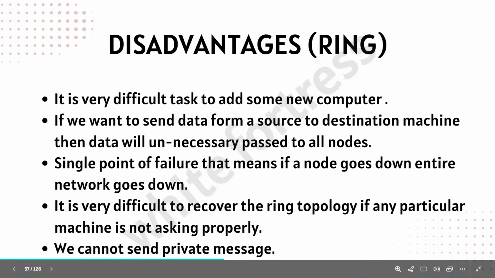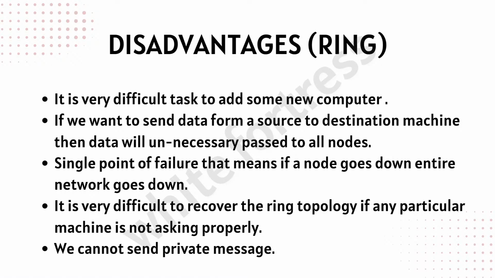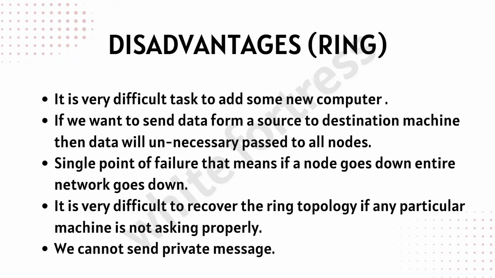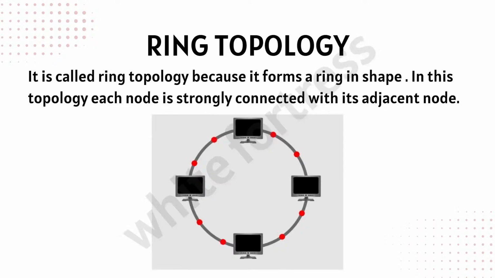So coming back to here, it is very difficult to recover the ring topology if any particular machine is not working properly. What happens if a particular system fails? The entire network will fail. And because of that, it will be very difficult to diagnose where the problem is.